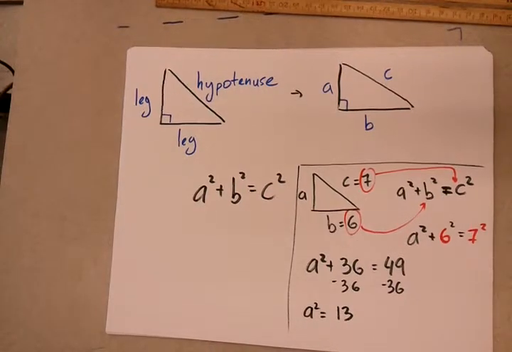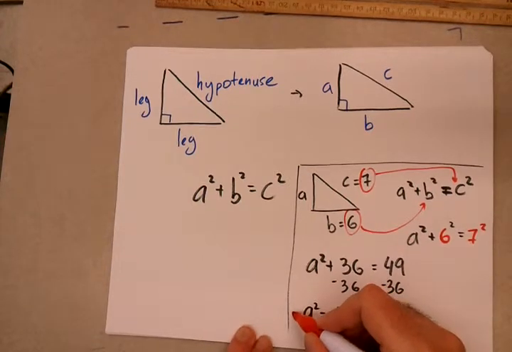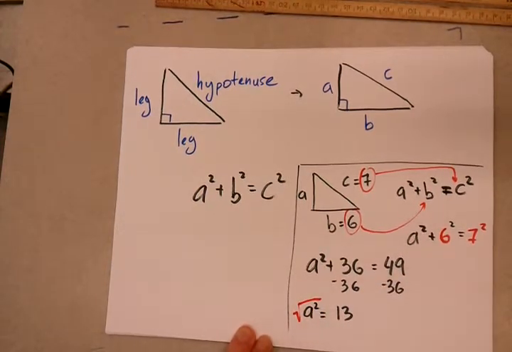Now we're pretty close to being done here, except we want A, not A squared. So how do we get A? Well, if you remember from section 8.4, I told you that the square root and the power of 2 are opposites. They cancel each other out. So if I square root that A squared, then I can cancel out its power of 2.